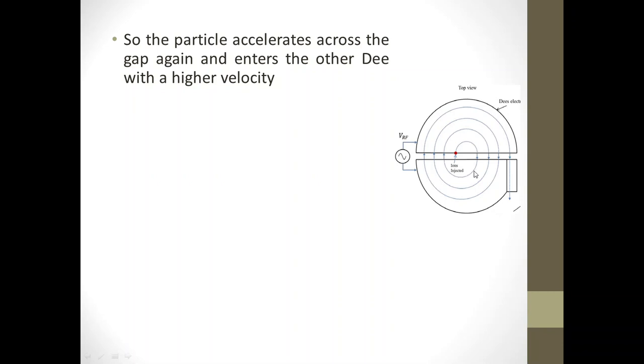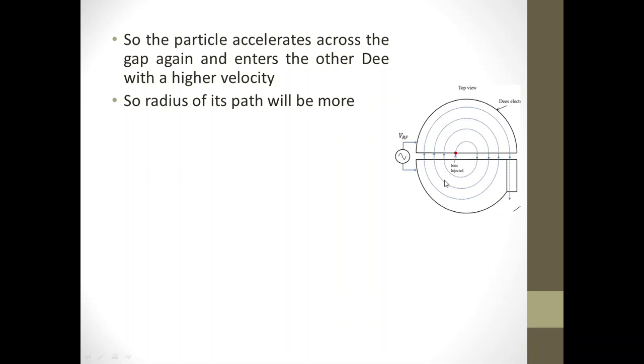So it enters this D with higher velocity, and the radius of curvature of this semicircular path is more than this. But its velocity also is higher, so it takes the same time to travel this path as it took to travel the previous path.